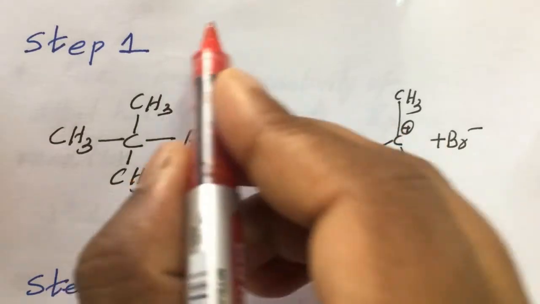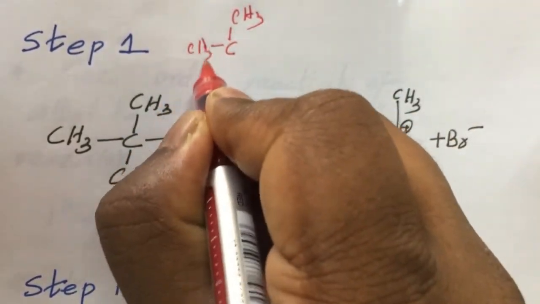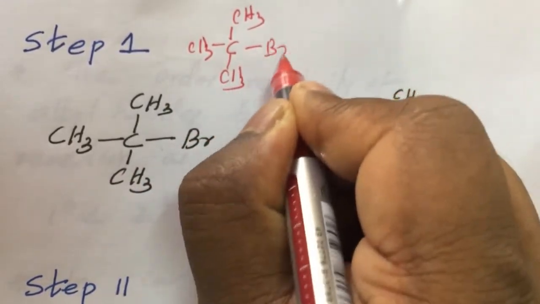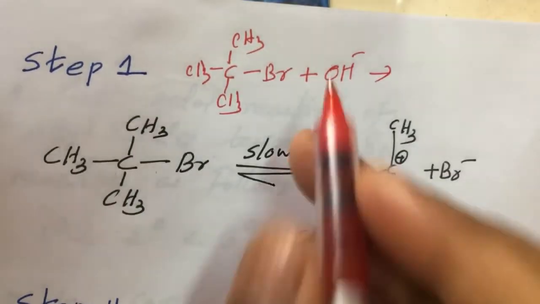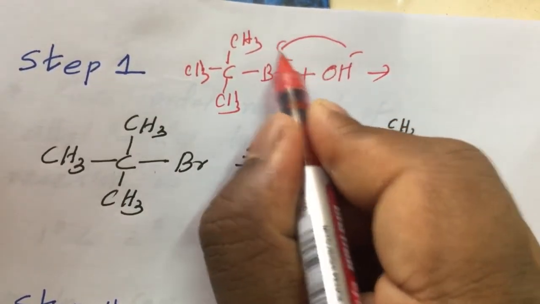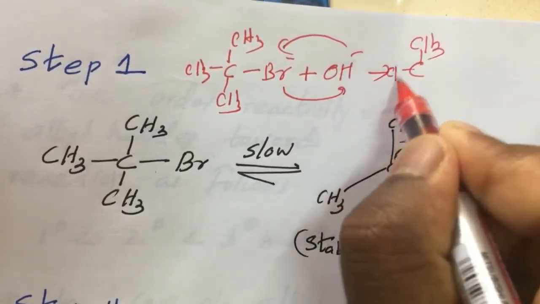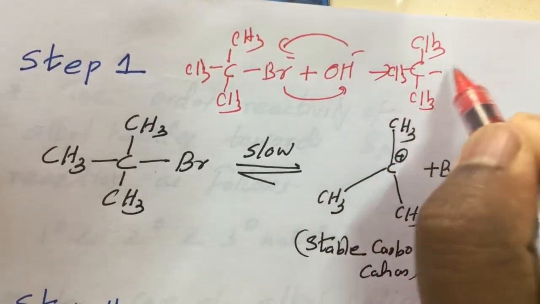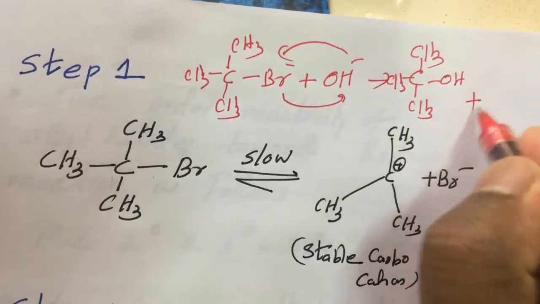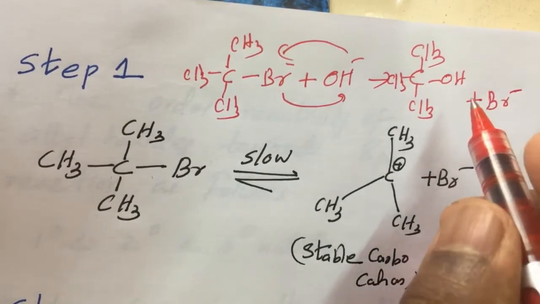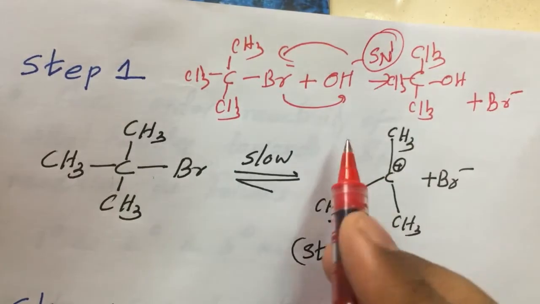In the reaction between the tertiary alkyl halide and KOH, OH minus takes the position of Br minus, and the product is the tertiary alcohol, tertiary butyl alcohol, plus Br negative. This reaction follows the SN1 mechanism.